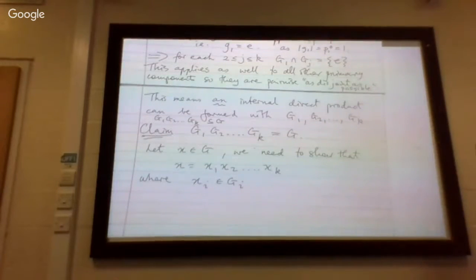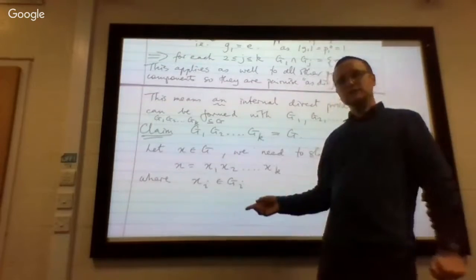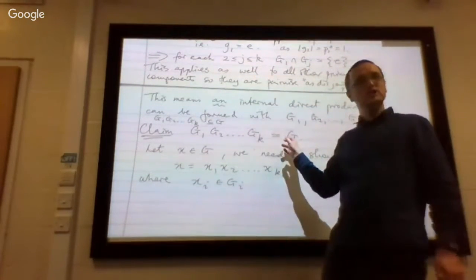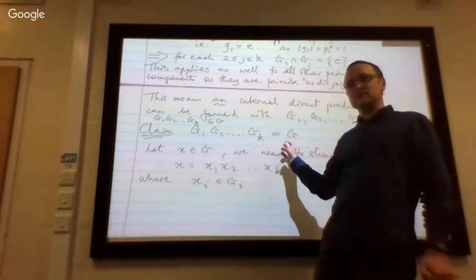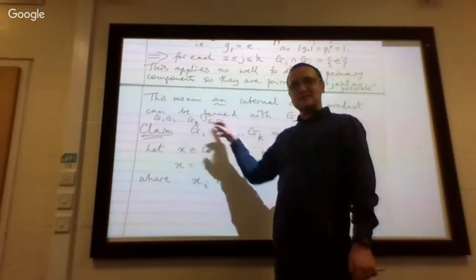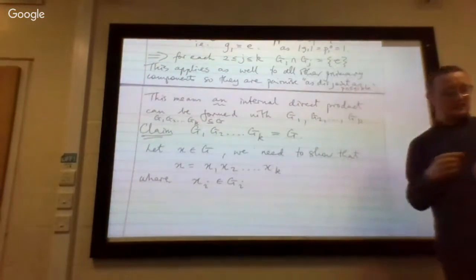In the book, he seems to try and establish that by a counting argument, saying that the number of things in this direct product is already the number of things in G, therefore the two sets have to be equal. Because you can't have a subset within another set where the two sets have the same size, unless the subset is all of the containing set.